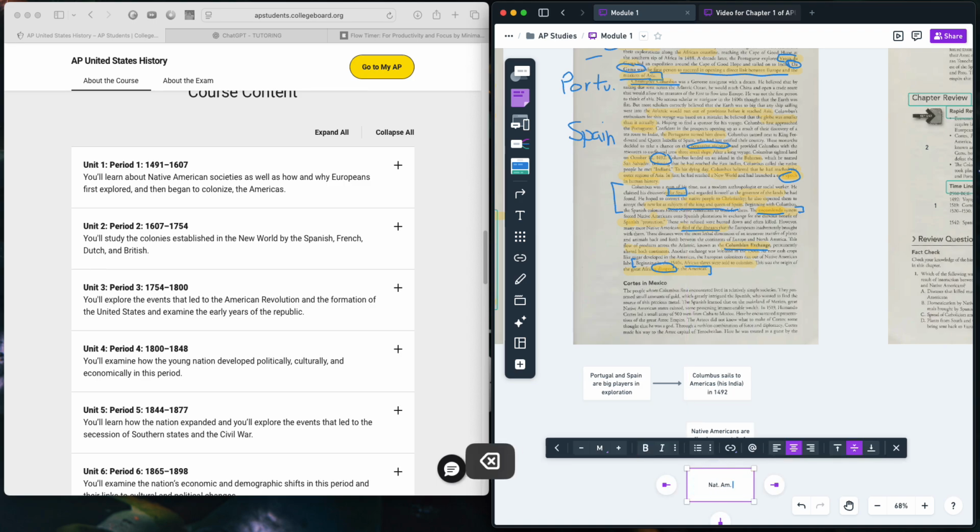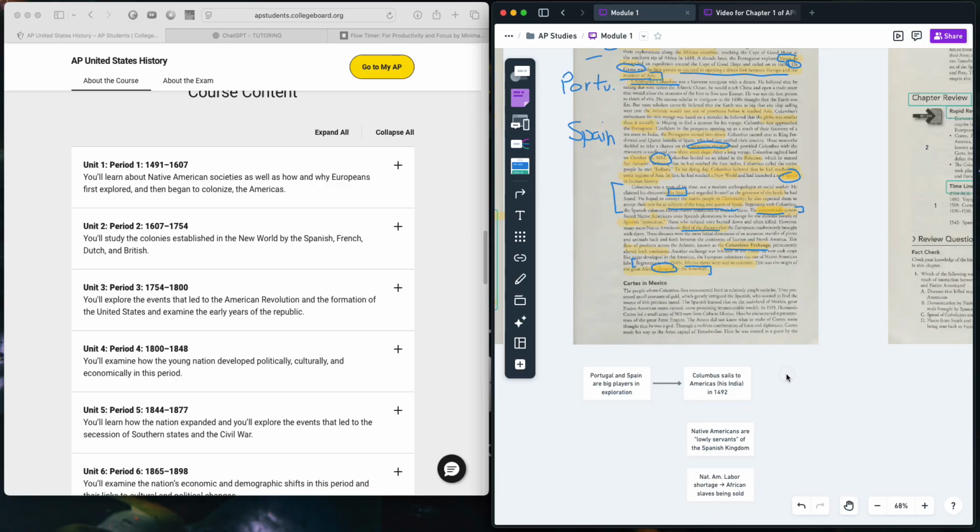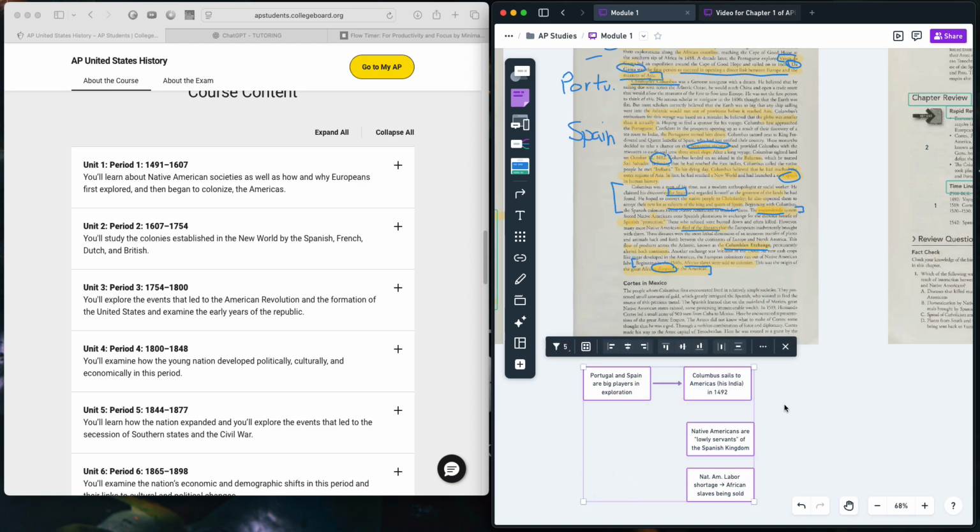And sometimes, if you keep writing Native Americans, we can shorten it, right? That way we can get more information in. So we've got Native Americans, and that leads to labor shortage, right? So there's a shortage of Native Americans, which leads to African slaves being sold, right? So these are the big three concepts that we got from this.